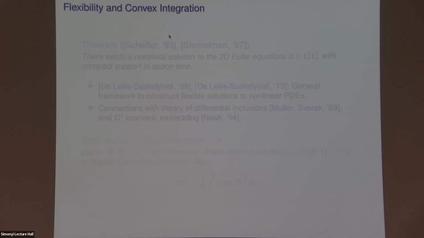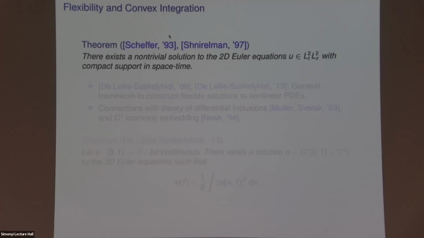What do I mean by flexibility? Well, here is a kind of result I have in mind. This statement here is due to Scheffer back in 1993, and Shnirelman simplified and improved a bit this result in 1997. And this was essentially the first example of a wild distributional solution to the two-dimensional Euler equation.